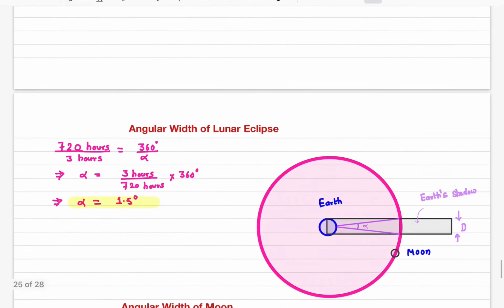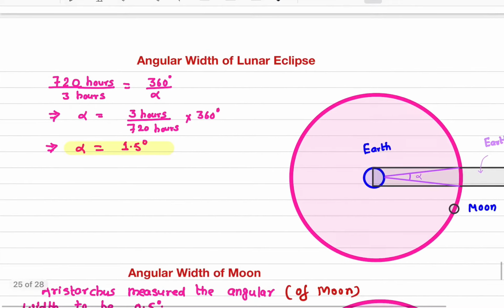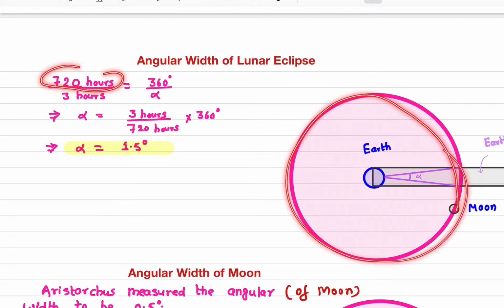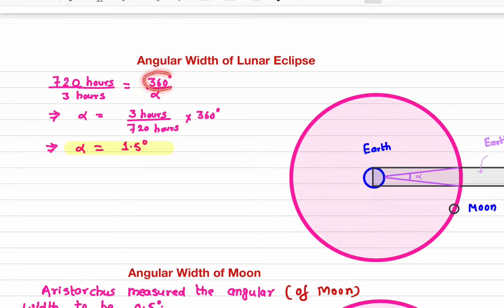So let's do that. We will assume the angle alpha here is the angular width of the shadow onto the earth's surface. So 720 hours for the moon makes a 360 degree angle.